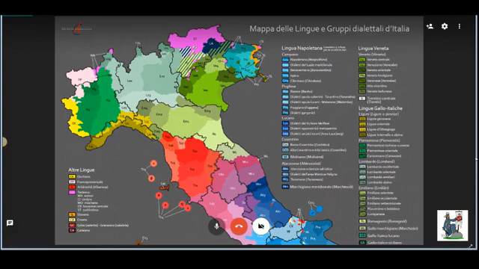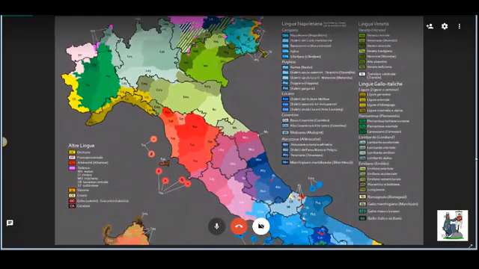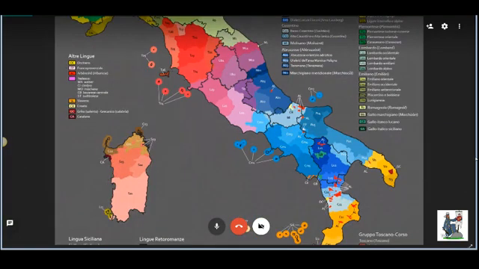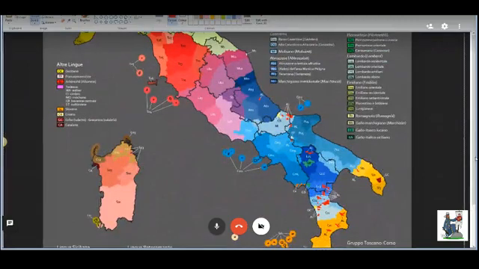And when it comes to the difference in terms of language, if you had me listen to a native speaker of one of the blue dialects down here, for example, a Naples area dialect from this area, I would literally not be able to translate even just 20%.